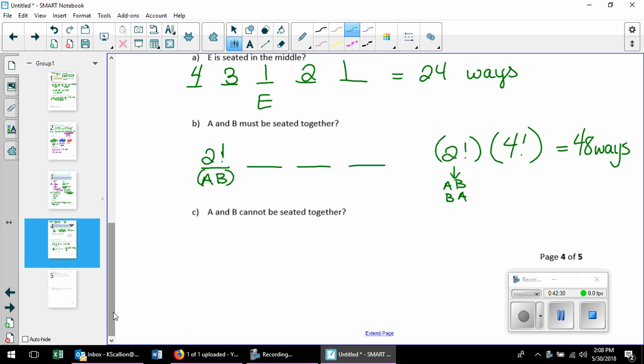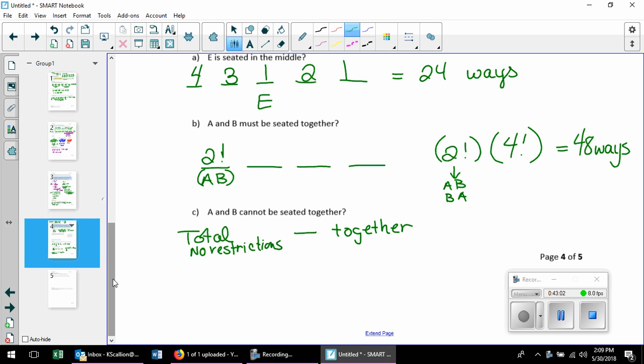The best way to do it is do the total with no restrictions, and you're going to subtract the ways that they sit together, which we just calculated here.